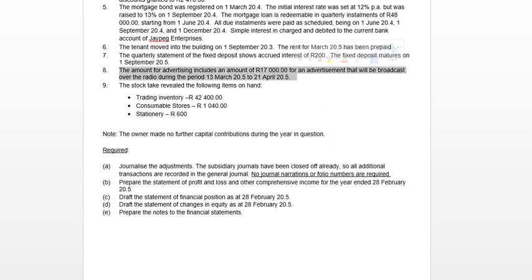Okay, and then the next one is the amount for advertising, which includes an amount of 17,000 Rand for advertisements which will be broadcast over the radio during the period 13 March 2005 up until the 21st of April 2005. So that again relates to the next financial year, March and April. So we made this expense, but we need to take it out from our advertising expenses.